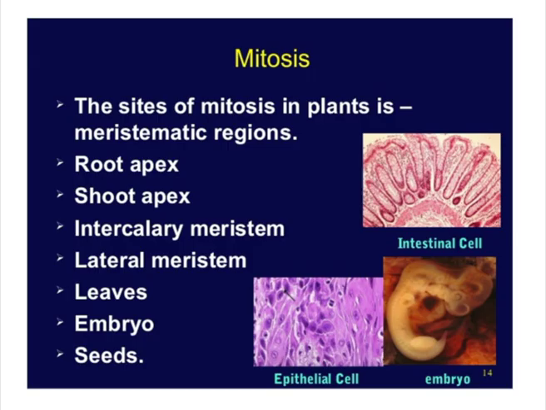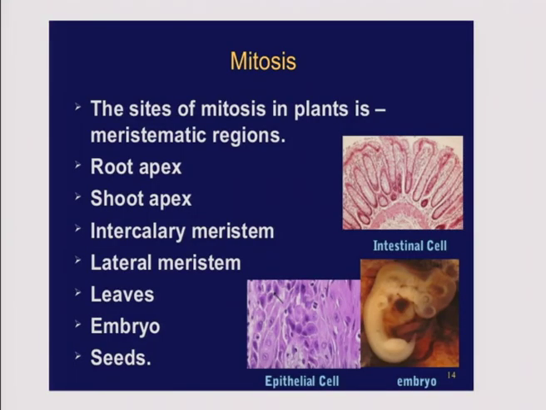Coming to the lateral and intercalary meristems, in those meristems also the mitosis process is present. Coming to the leaves, in the leaves also, under the meristematic tissue, the divisions present are called mitosis division.